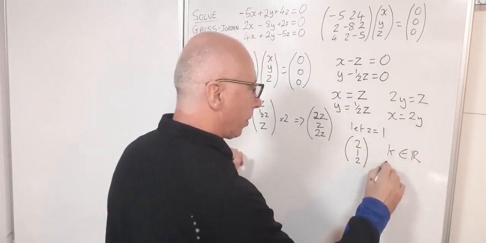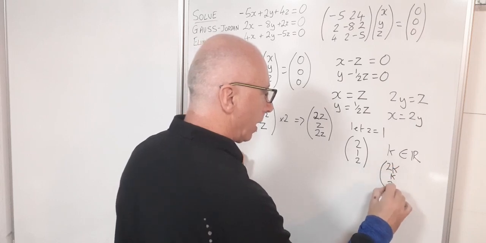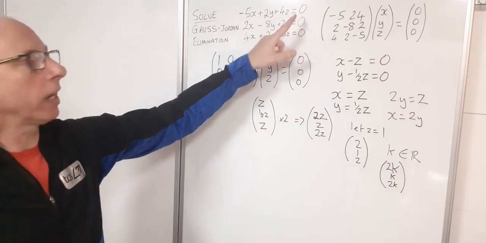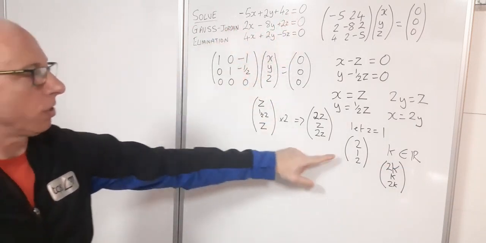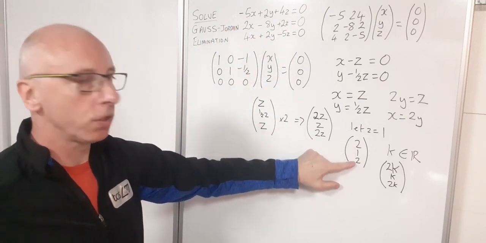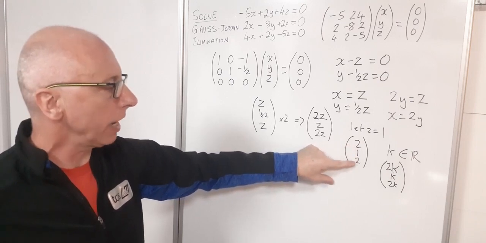I can now write this as k times 2, 1, 2, that is 2k, k and 2k. So if I plug those values into these equations, they will give me solutions. So 2, 1, 2 could be one of the solutions, 2 for x, 1 for y, 2 for z. I could plug in 6 for x, 3 for y, and 6 for z.